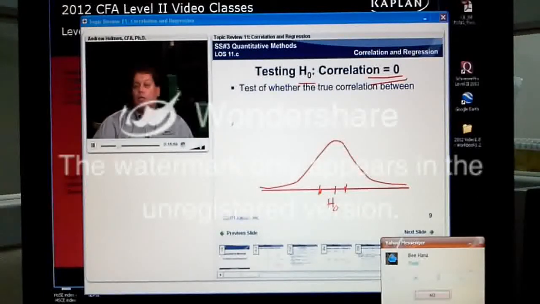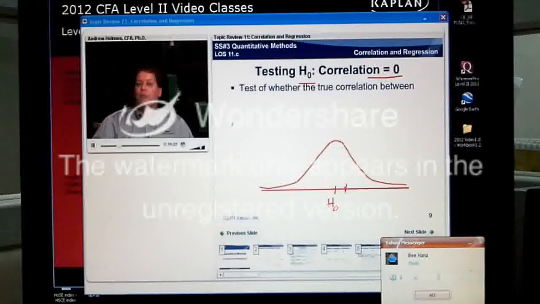So can we conclude that the true correlation, remember, this is a hypothesis test, and we're trying to infer something about truth, but we can never observe truth in the statistical sense. So we're saying, well, is it possible that the true correlation is actually equal to 0, or is it likely that the true correlation could be equal to 0? And if we end up close to this, we're saying, yeah, that's not enough evidence to reject the notion that the correlation is equal to 0.